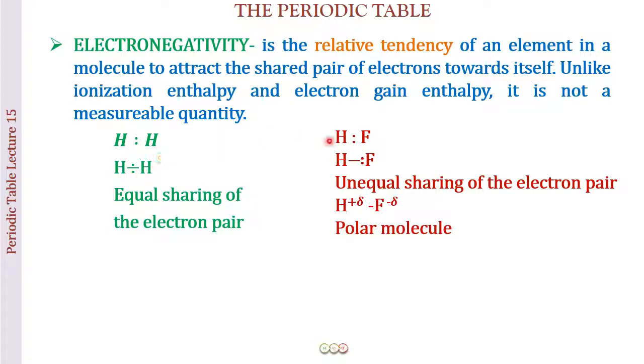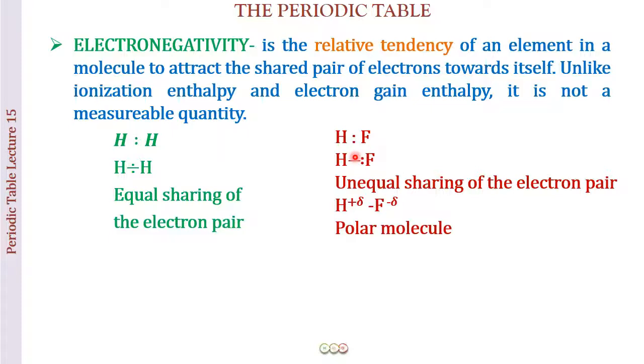Consider the example of hydrogen fluoride molecule. So we have an H atom, we have an F atom, and there is going to be the sharing of an electron pair between these two as well, leading to the formation of a covalent bond. But what happens is that fluorine has a higher tendency to attract the shared pair of electrons towards itself.